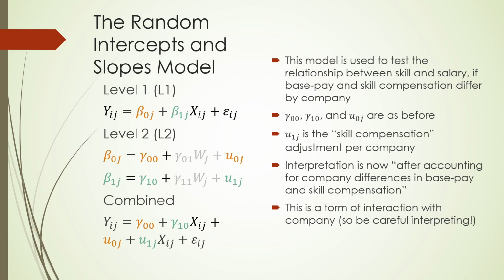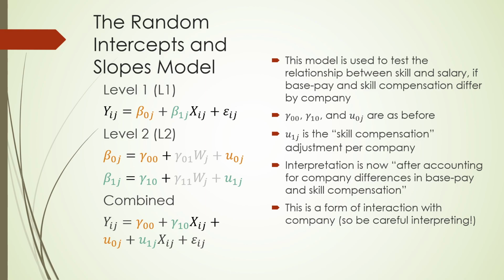So if companies vary very widely, some companies don't provide any additional compensation for skill, and some companies provide massive additional compensation as your skill increases, it may not be appropriate to interpret the average among all those. It might be better to say, hey, it depends on which company you're in. Some companies, the gamma sub 1,0 is really non-existent. For some companies, it's a massive number.